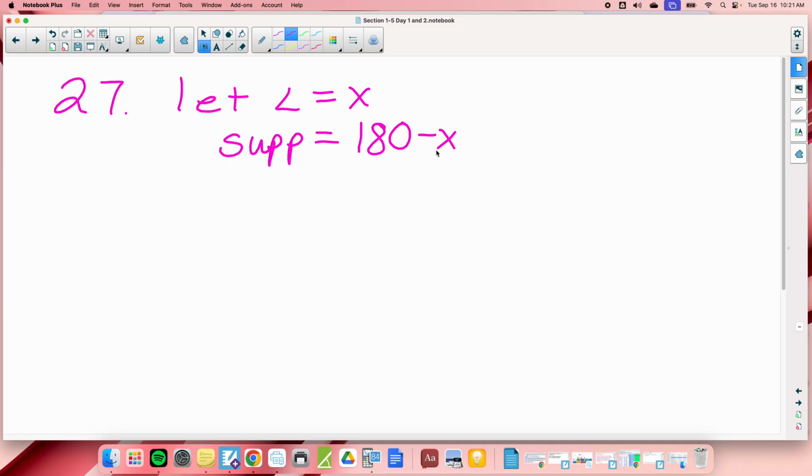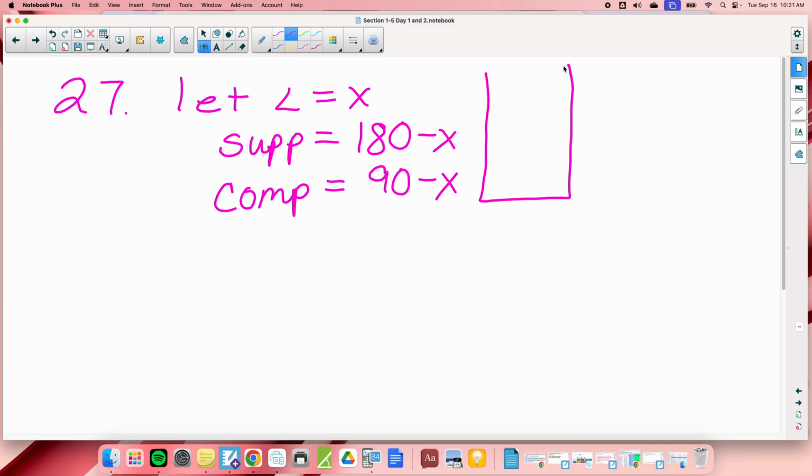Now, I would not give you one like this on a quiz, but the reason this one is hard is it also talks about a complement in the same problem. So this would be the complement, and that we could write as 90 minus x. And I think this is the only one you're gonna ever have like this, but I just wanna show you how this one would work.